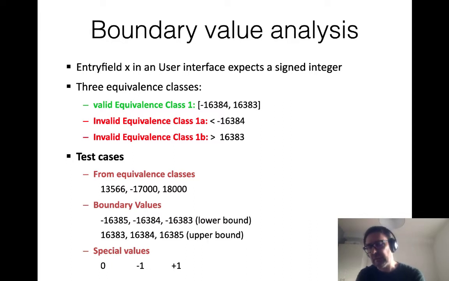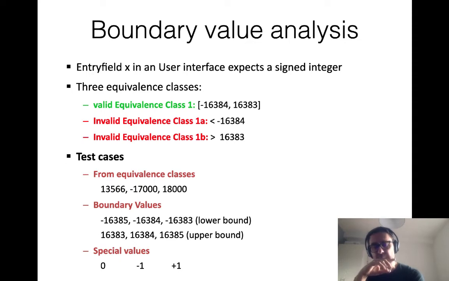One is used for the sign and whatnot. Anyway, let's say we identify that minus 16,384 up to 16,383, because of the way numbers are saved and processed in this system, is a valid class. Then we have values below and above those outer limits, which are invalid equivalence classes 1A and 1B, right?